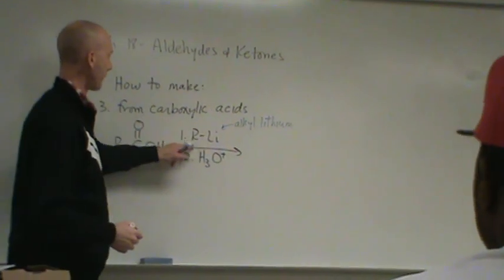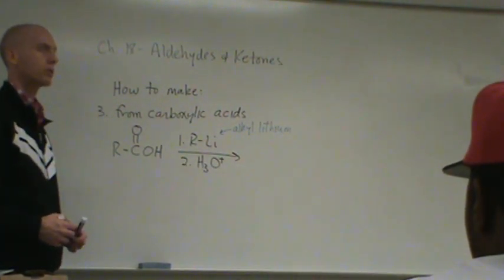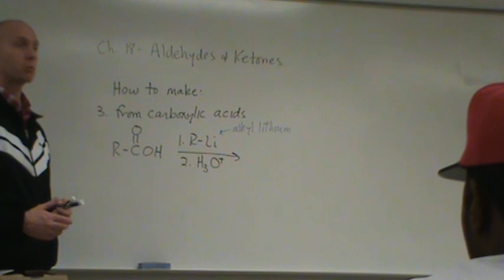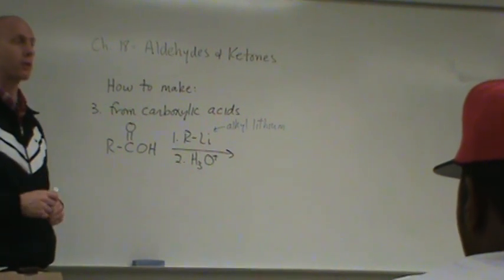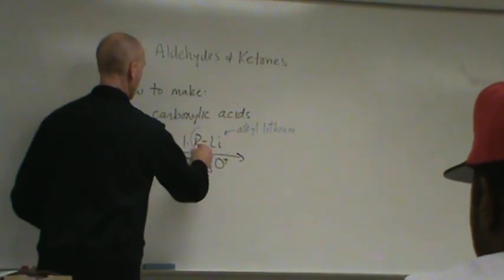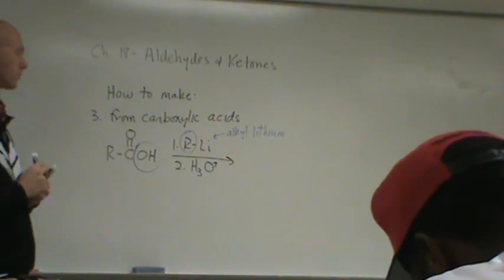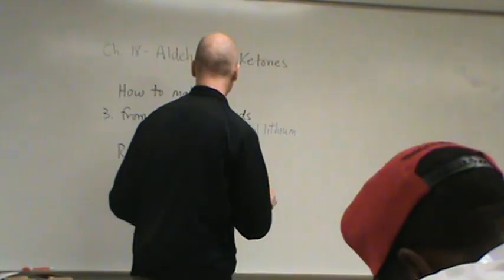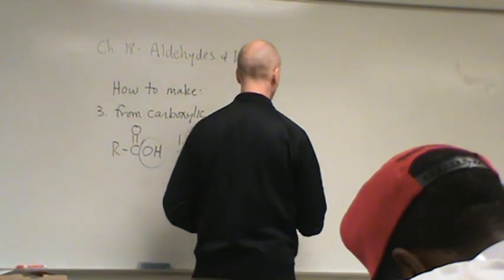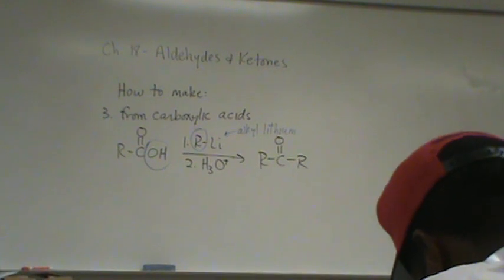And then secondly, react with H3O+, the hydronium ion. Not going to take you through the mechanism. I'm just going to show you the short way to remember the product. Very simple. What happens is the alkyl group replaces the OH group. Write that down. The alkyl group replaces the OH group. And so we end up forming a ketone of some type.